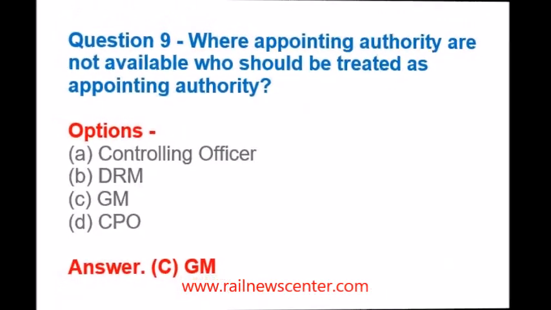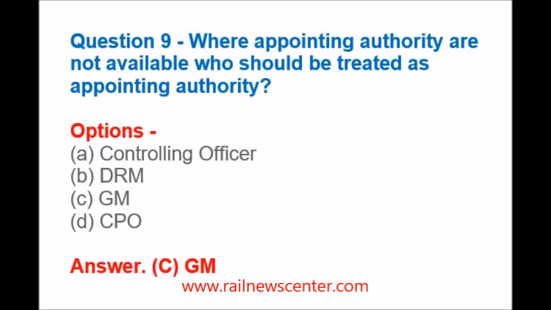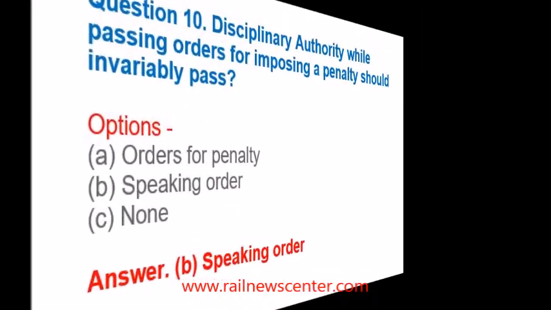Question 9. Where appointing authority is not available, who should be treated as appointing authority? Options. A. Controlling Officer. B. DRM. C. GM. D. CPO. Answer. C. GM.